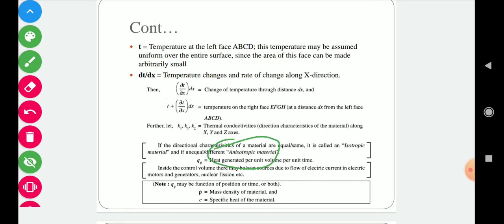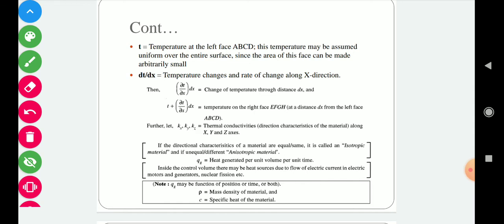Because in this problem we have not made any assumptions, we are also not assuming thermal conductivity is constant in all directions. If the material is anisotropic, the thermal conductivity will be kx, ky, and kz. But if the material is isotropic, k will be constant along all directions, so kx, ky, and kz will simply be k, the thermal conductivity of the material.